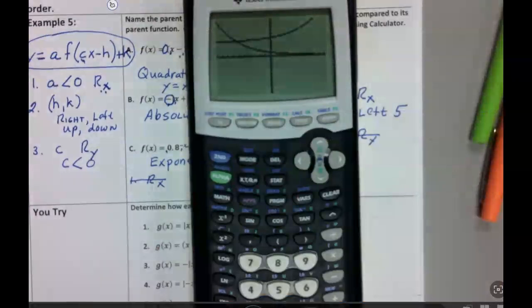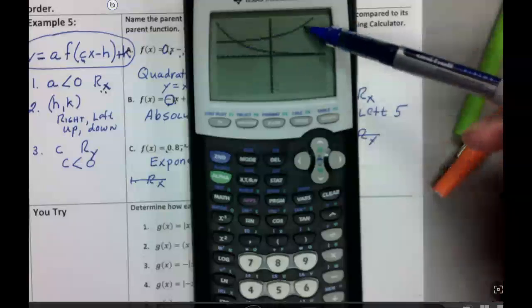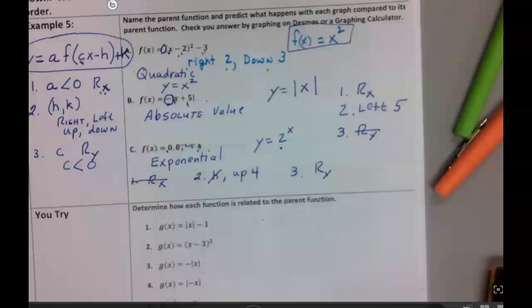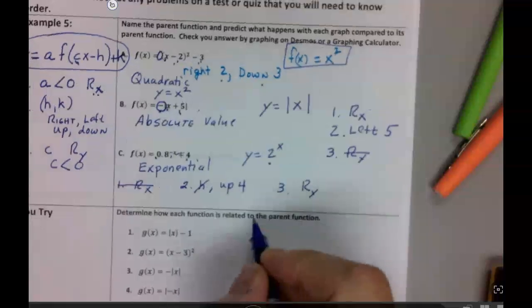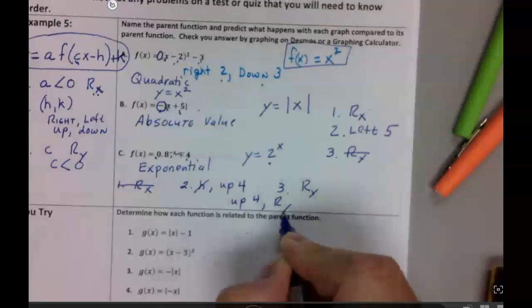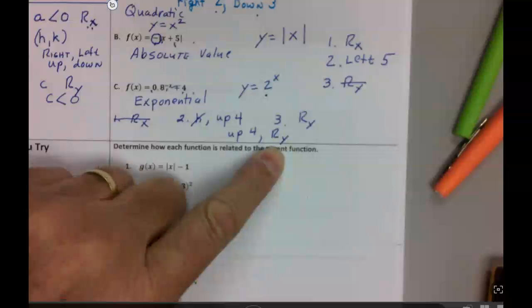Yeah, it is, because whatever this value is for X here is going to be over here when it's reflected, correct? It's going to be negated. Okay? So this one here, you went up 4, and it's reflected across the y. Subscript means reflection over the y.